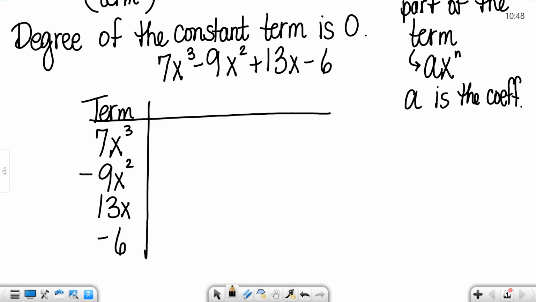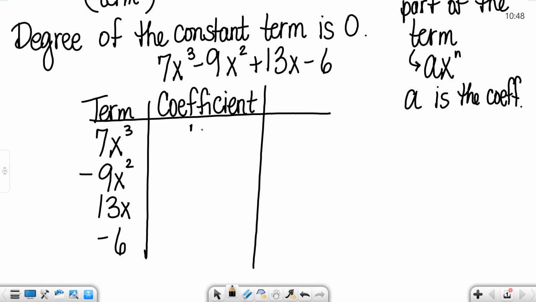Next we'll look at the coefficient for each term. Remember, the coefficient is the number part of the term, so here it would be 7, negative 9, 13. And even though negative 6 is a constant, that is still the number part, so negative 6 is our coefficient.